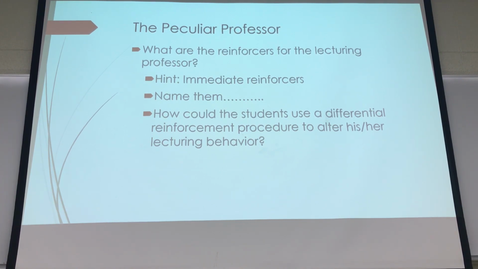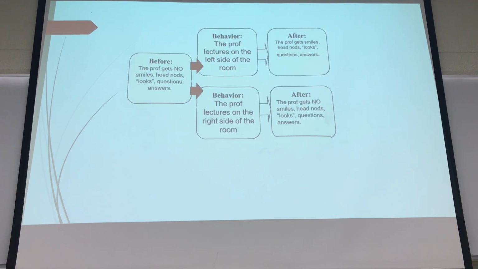So let's look at it, now that you know what the reinforcers are that are under your control. We're going to use differential reinforcement to produce lecturing on the left side of the room. That would be your left side.